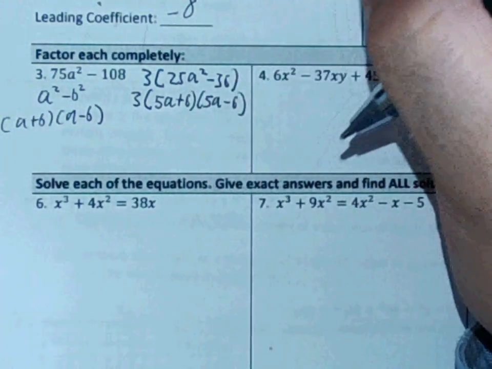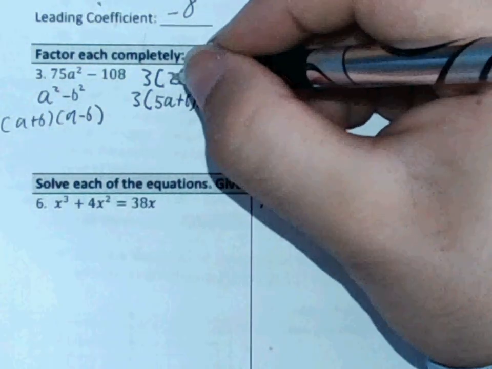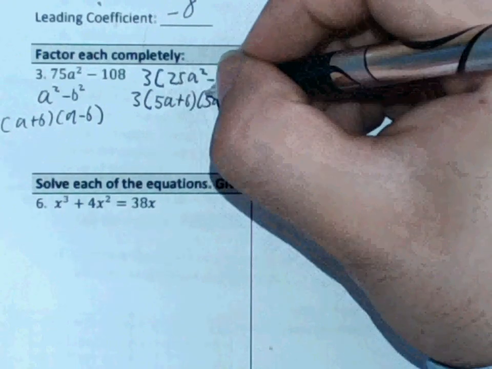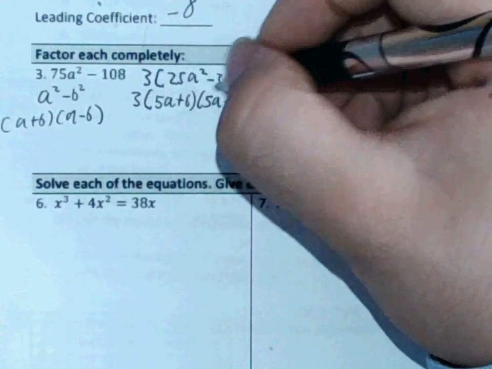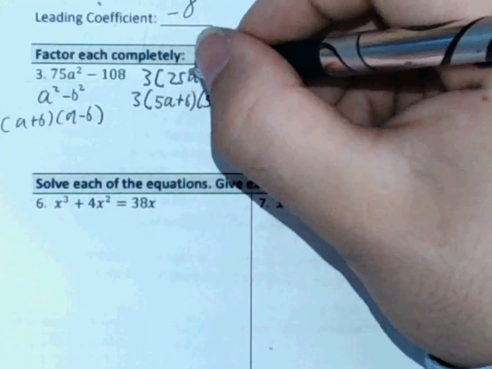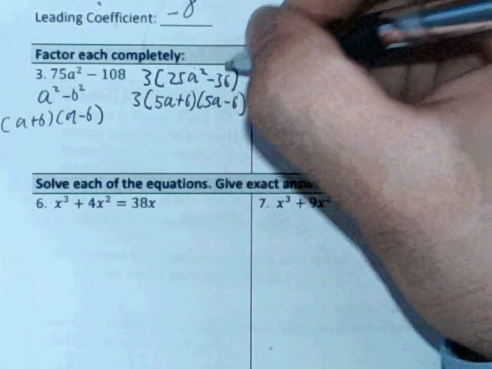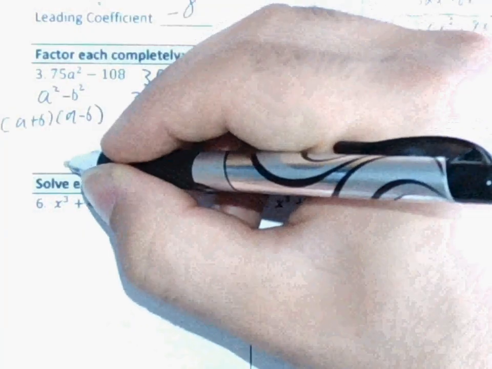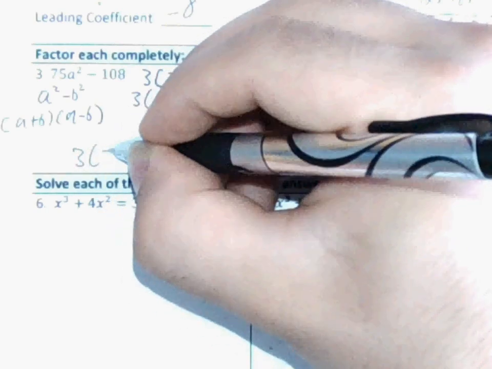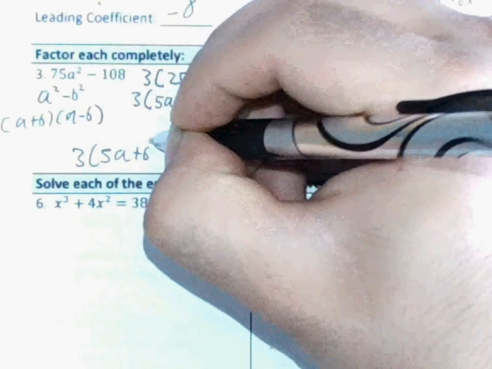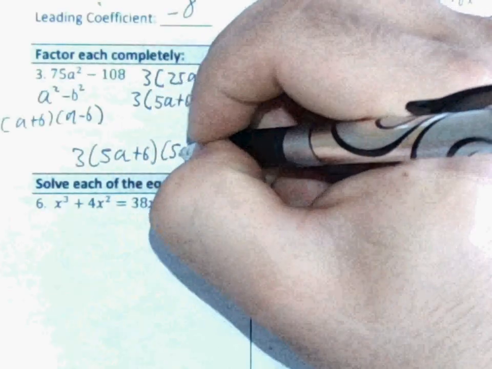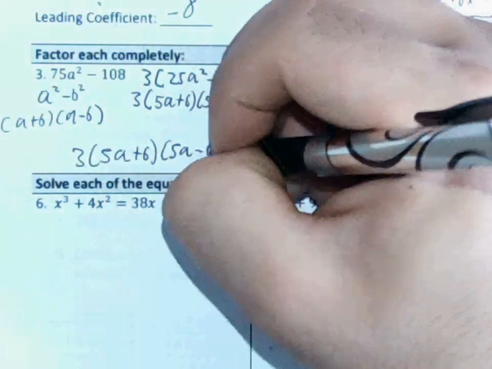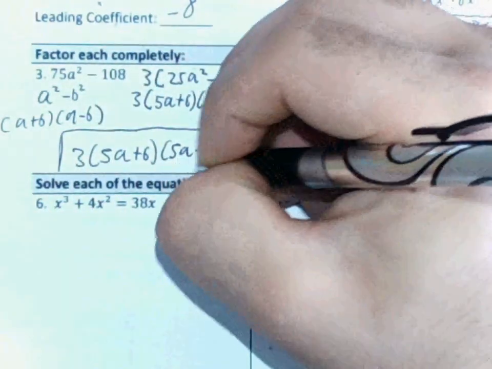Alright, and that's completely factored. So 5a is the square root of 25a squared, and 6 is the square root of 36. So once again, that's 3 times 5a plus 6, 5a minus 6. I'll box that so we know that's our answer.